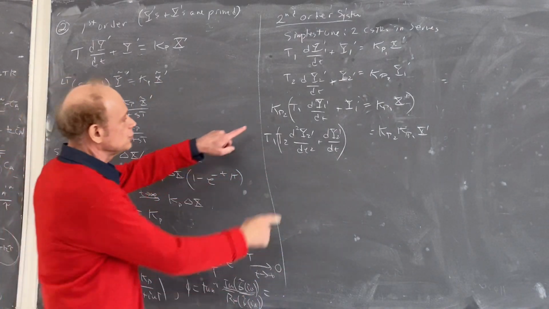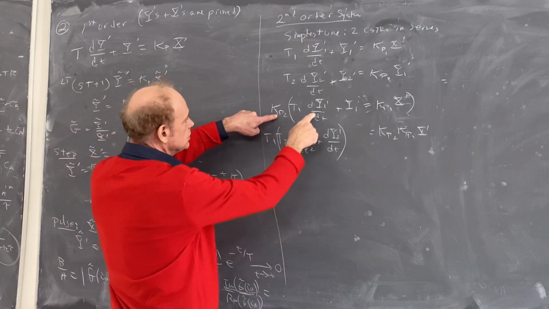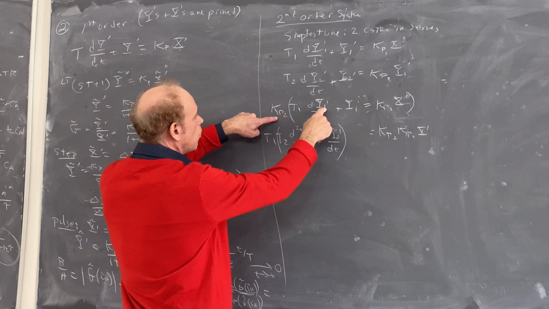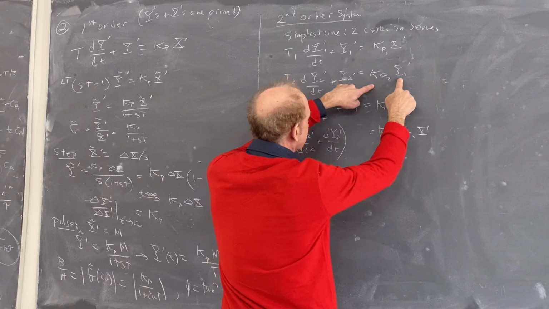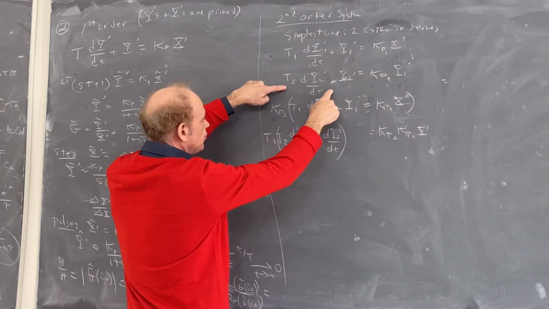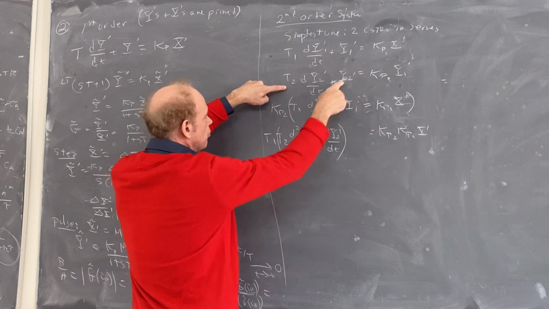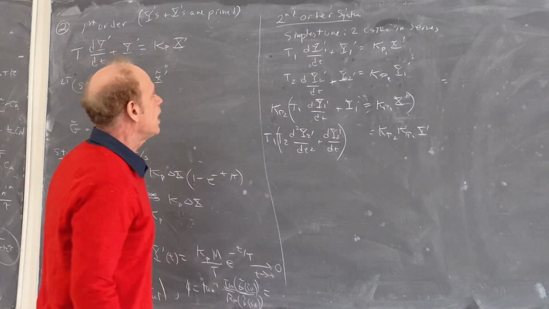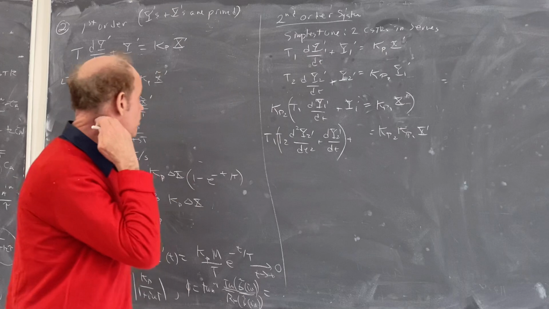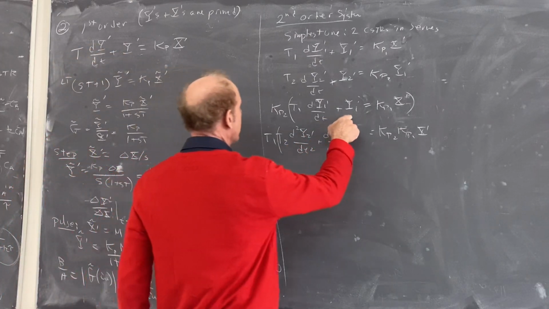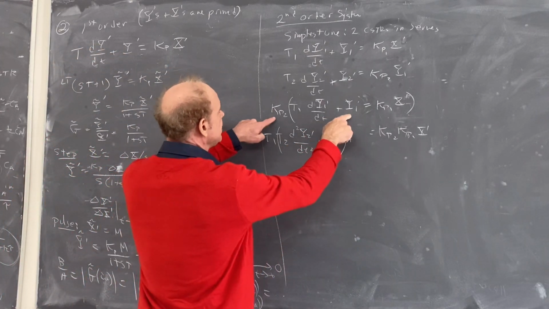So again, what did I do? I took the T1 out, and I have Kp2 y1 prime. I want to take the derivative of that. I take the derivative here, so I've got a second derivative here and a first derivative here. And now I have plus y1 prime, plus Kp2 y1 prime.